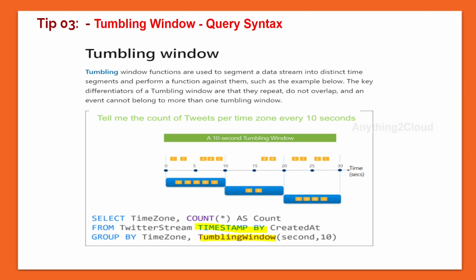So this is the syntax for tumbling window to find the count of tweets per time zone every 10 seconds. Basically, we need to use this TIMESTAMP BY field. Then you have to use the tumbling window to identify the count of tweets per time zone every 10 seconds. Just remember this: we have to use TIMESTAMP BY as well as the tumbling window in this query.